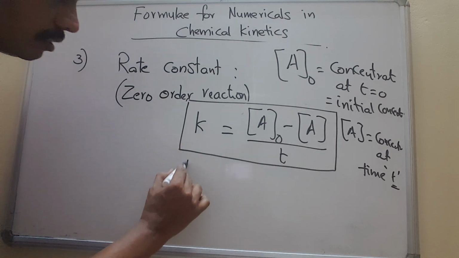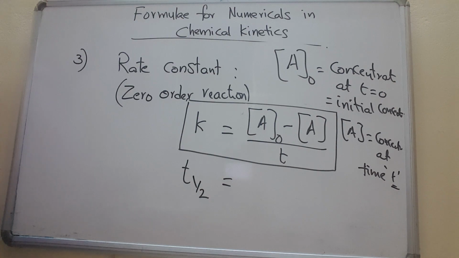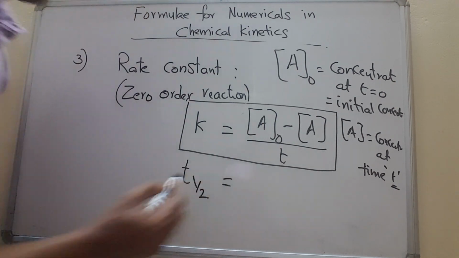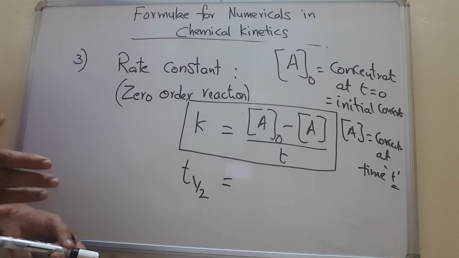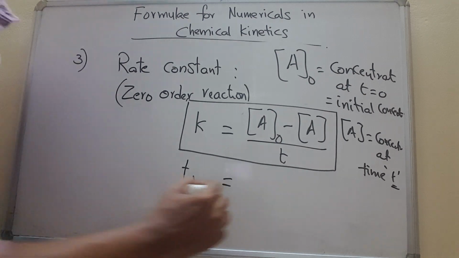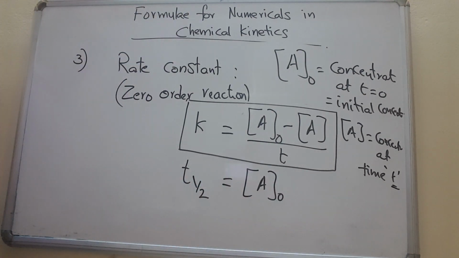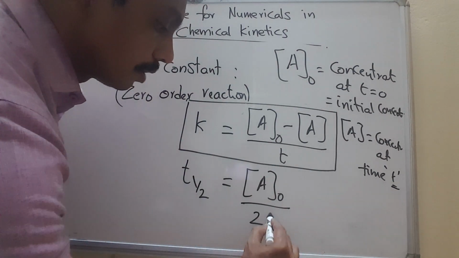Another important thing is half-life. What is the half-life of a zero order reaction? Half-life means the time required to consume 50% of the reactant concentration. That is called the half-life of the reaction. The formula to calculate the half-life of a zero order reaction is A naught by 2k.